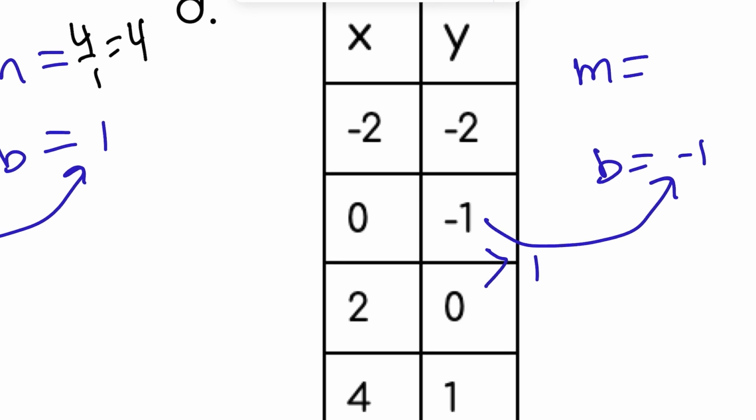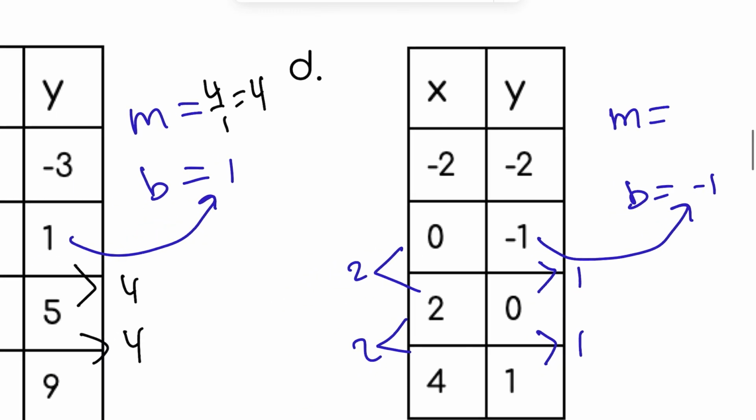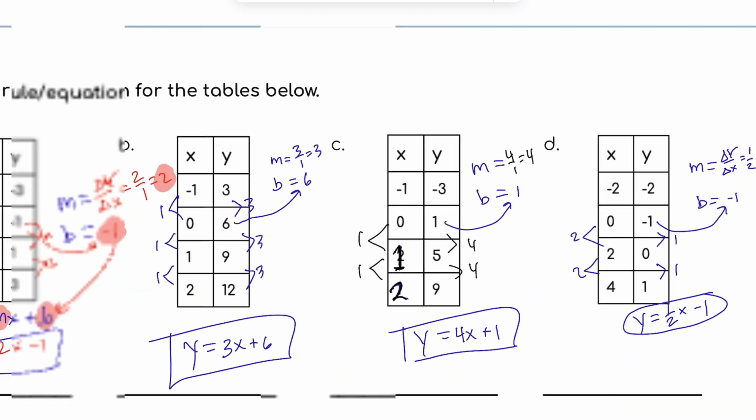Then the growth here goes up 1 on the right, but it's going up 2 for the x. So remember, our slope is the change in y over the change in x. And so that would be 1 over 2. So when we go and write our equation, it's going to be y equals 1/2 x minus 1. There we go.